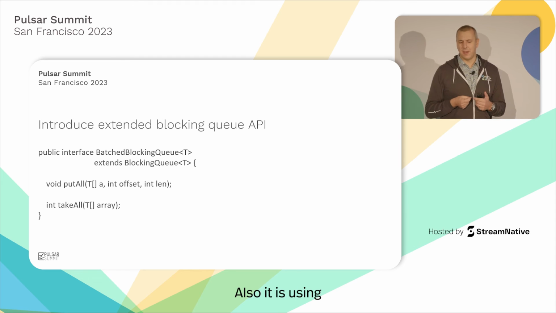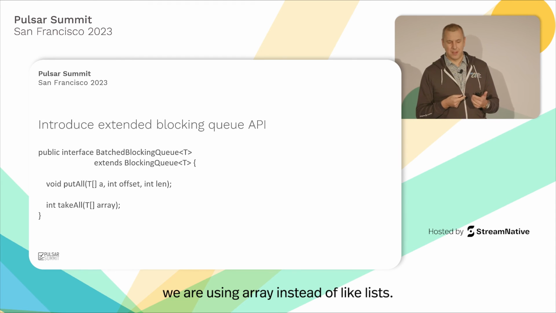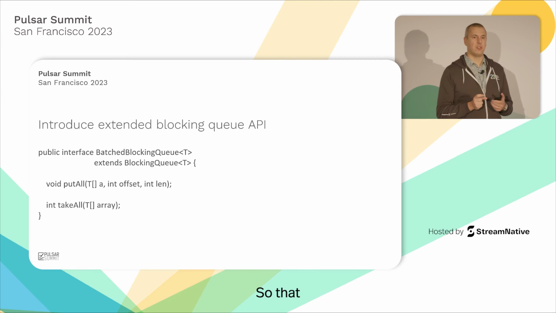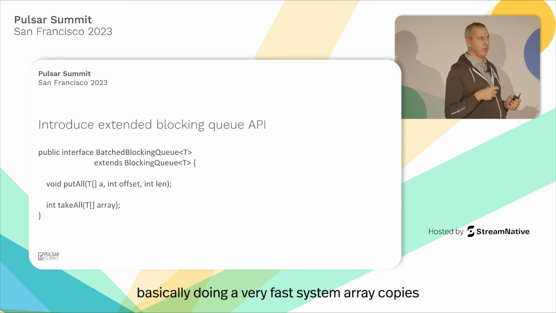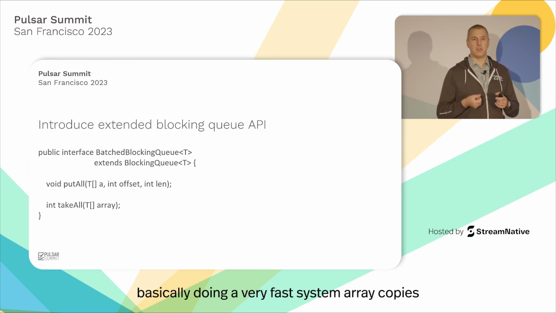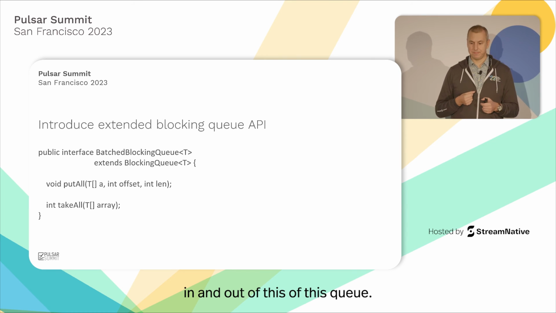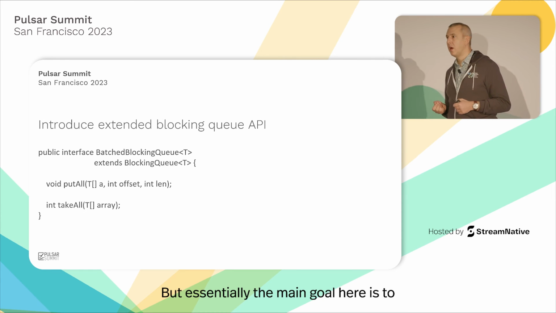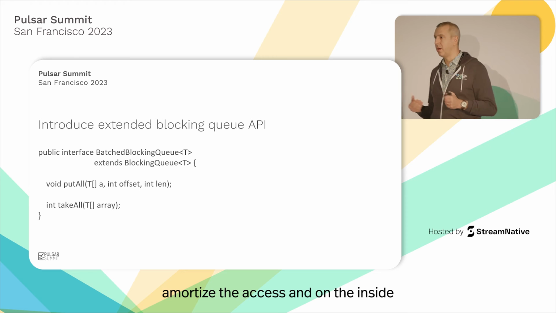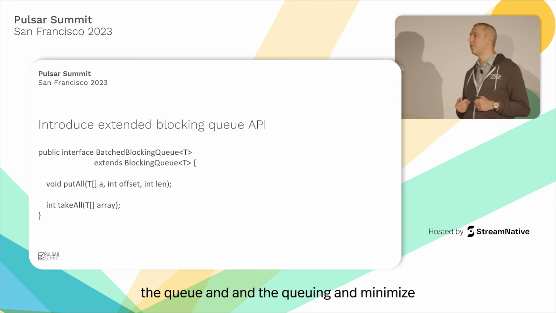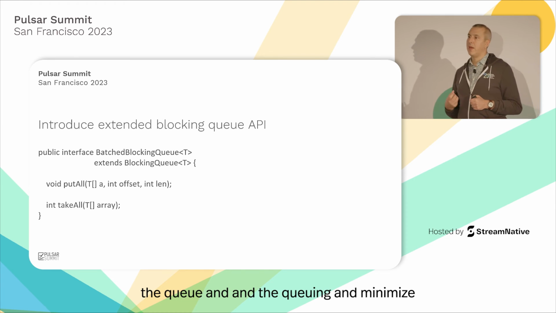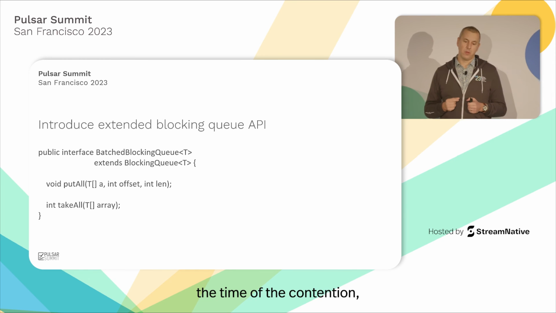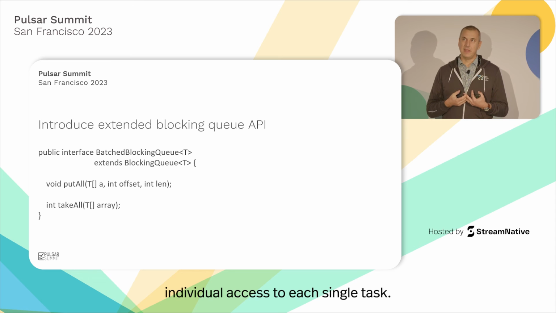Also, we are using arrays instead of lists and so on, so that we can do very, very fast System array copies in and out of this queue. But essentially, the main goal here is to amortize the access when inserting on the queue and dequeuing, and minimize the time of contention, but still retain individual access to each single task.